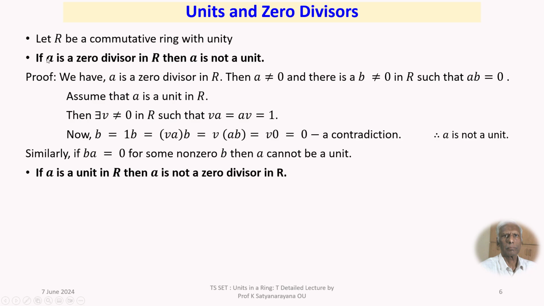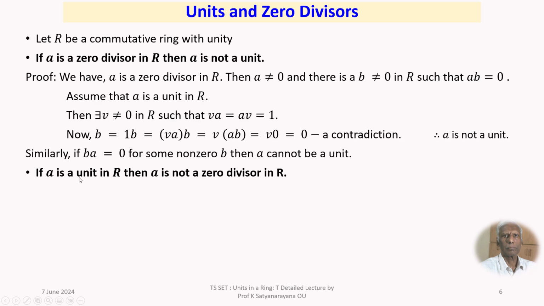Now, this is a fact, this is a result, and this is true, and you take the contrapositive statement of this result. What is the contrapositive statement of this one? If A is a unit in R, then A is not a zero divisor in R. Because this statement is true, therefore its contrapositive statement is also true.